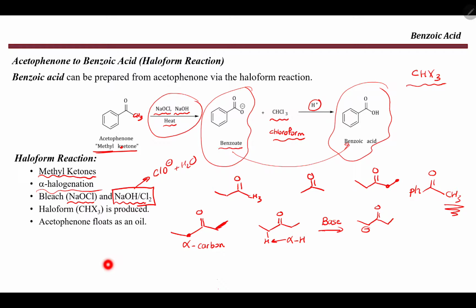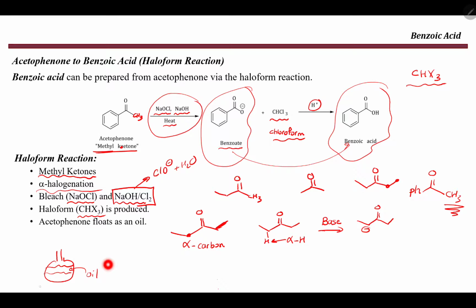Again, the reaction is called haloform because it produces CHX3, which is the haloform product. In this specific reaction, once you start the reaction, you will notice that acetophenone, which is an oil, will form an oily layer on top of the water reaction. Once you add all the constituents, there is an oil layer here.